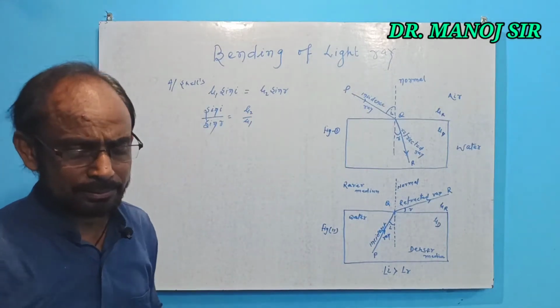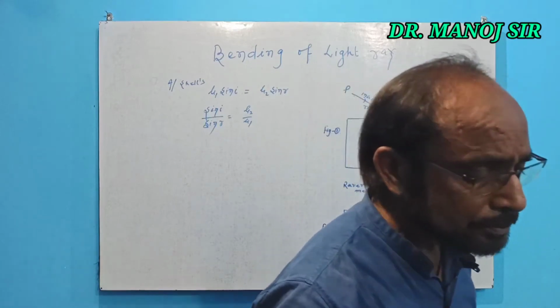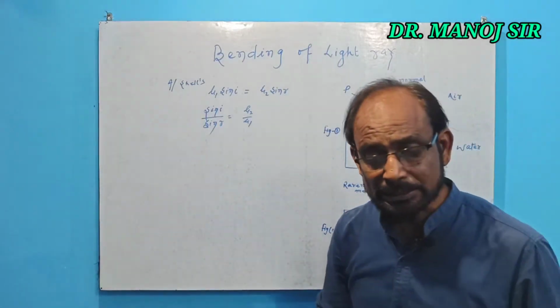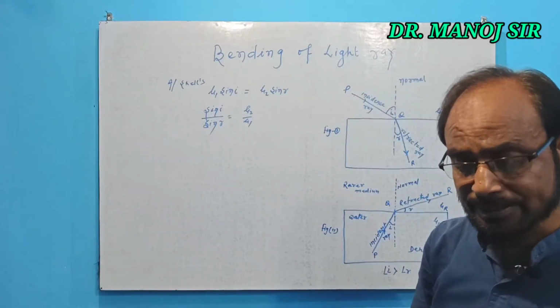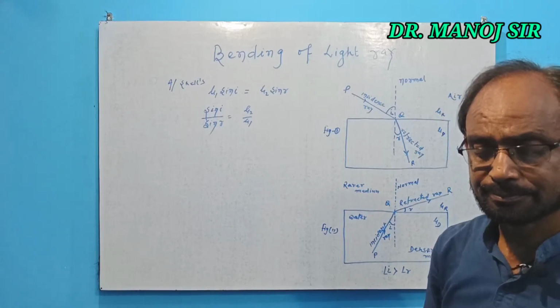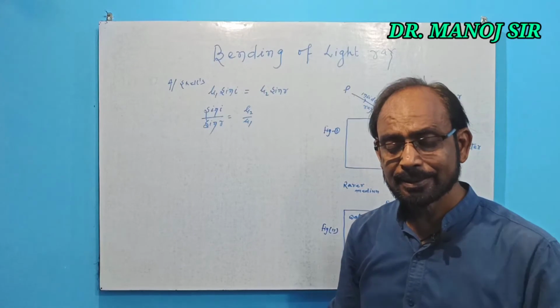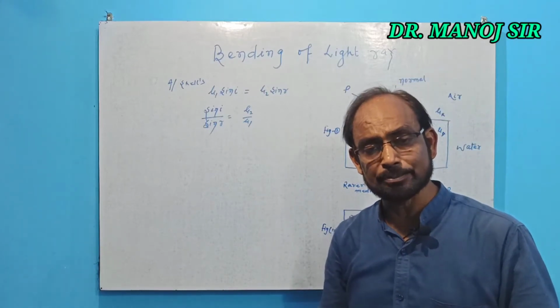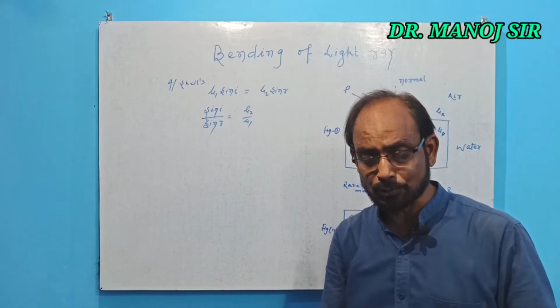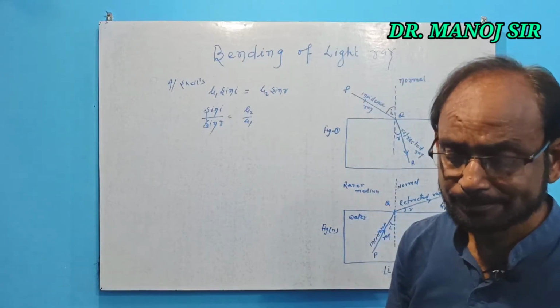Is it clear? But I want to clarify why a light ray is bending when it passes from one medium to another.